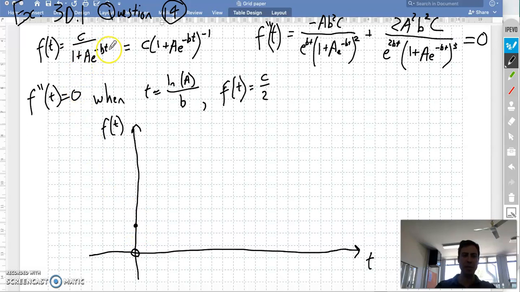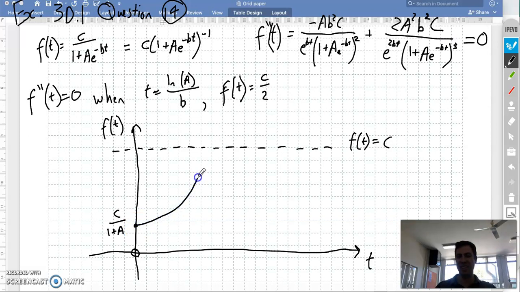The y-intercept is where t equals 0, so we're just left with c on 1 plus A. Right? Then we looked at the horizontal asymptote. Right? That's y equals c, or f of t equals c. Okay. And we've got a point of inflection. We've got a logistic curve, concave up and concave down.